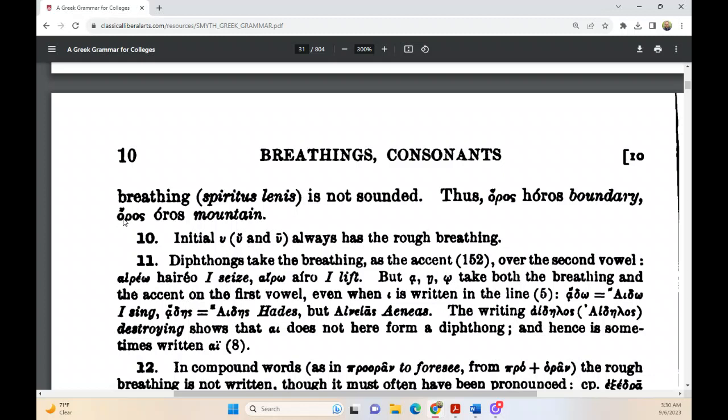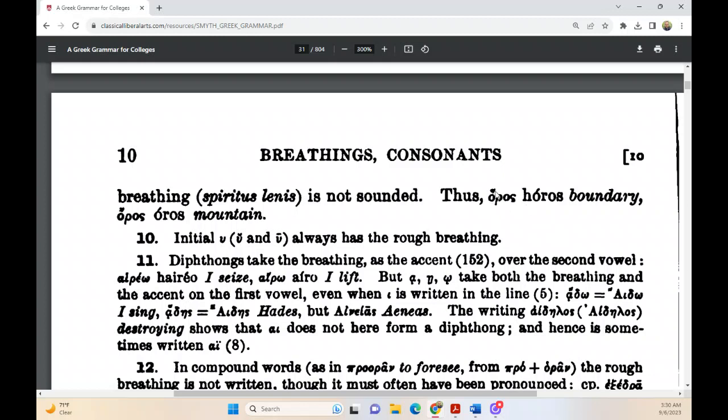The differences in breathing mark the differences in these two words. That's how significant these breathing marks can be. If we read it with rough breath, it's one word. If we read it with no breath or with smooth breathing, it's a different word. So this can be very important.